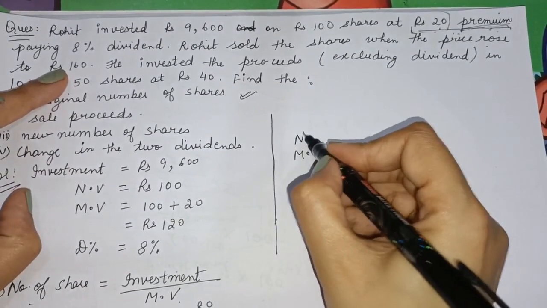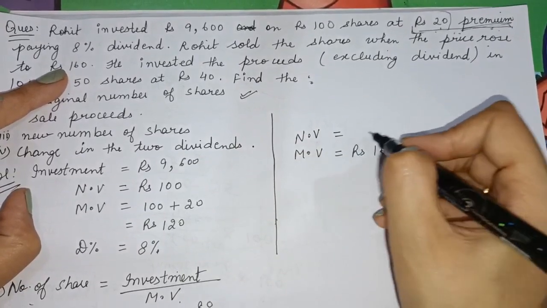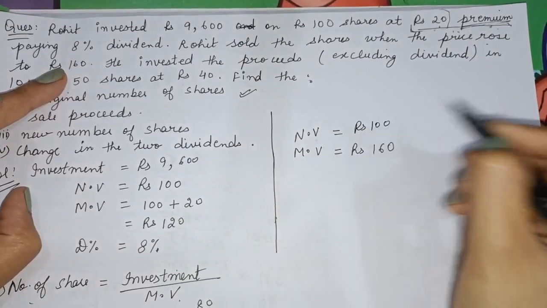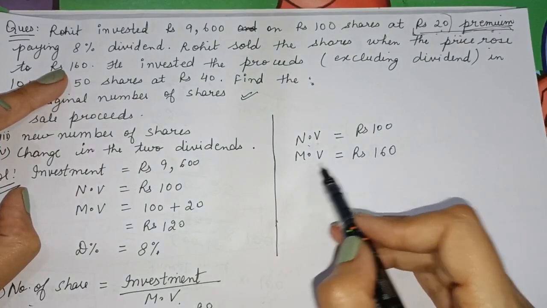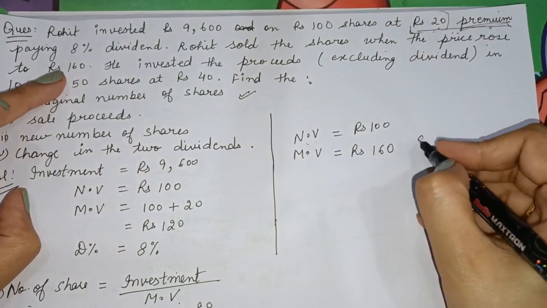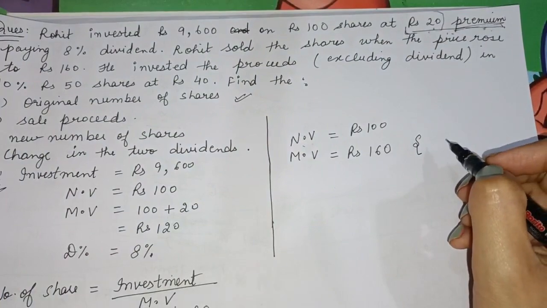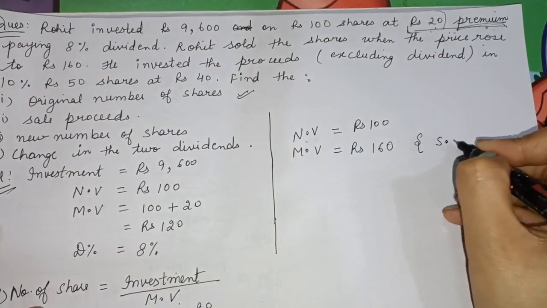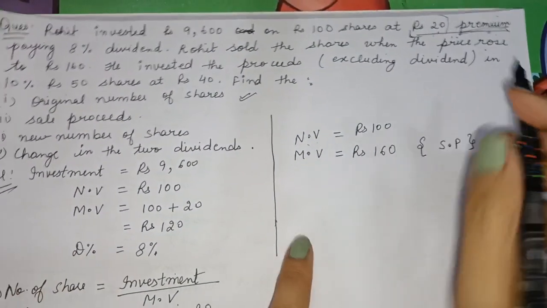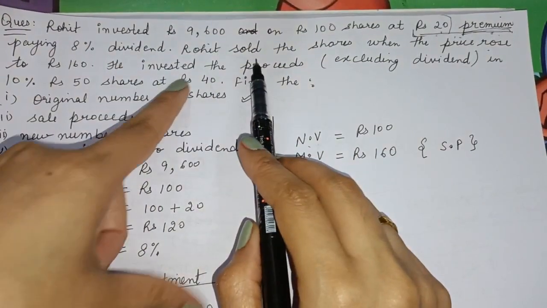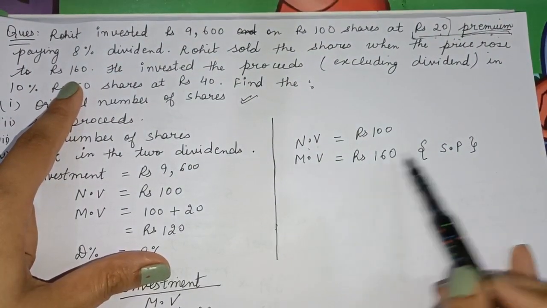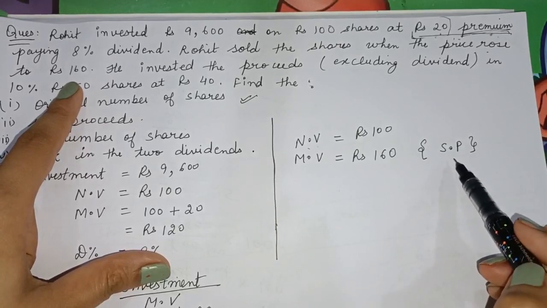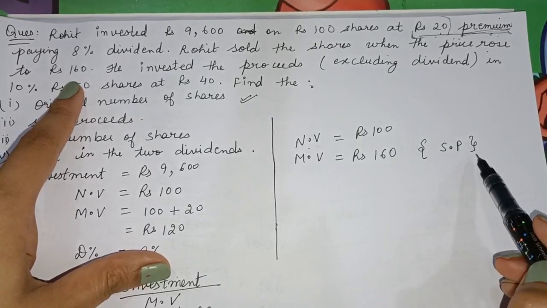Nominal value will not change at any time, because that is the fixed price of a share. Market value at this time is 160, and because he is selling now, this market price is his selling price. So this market value is the SP of one share also.